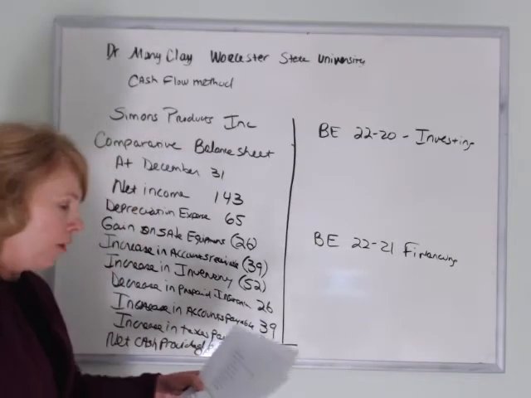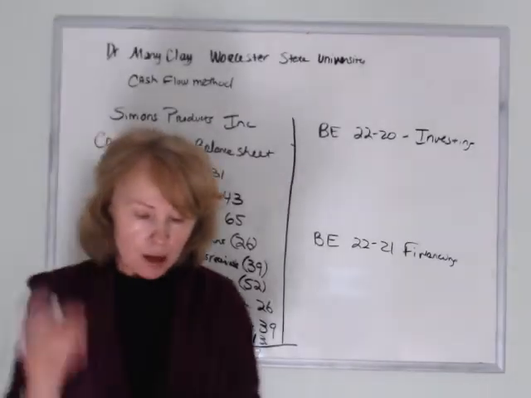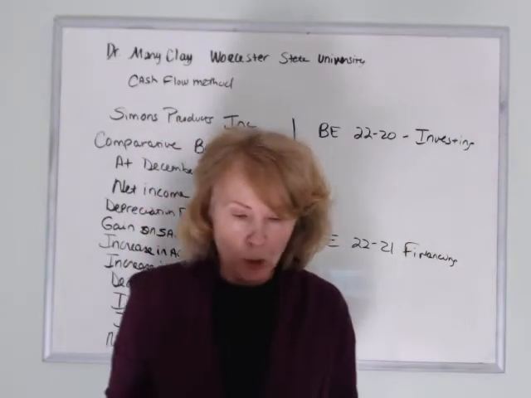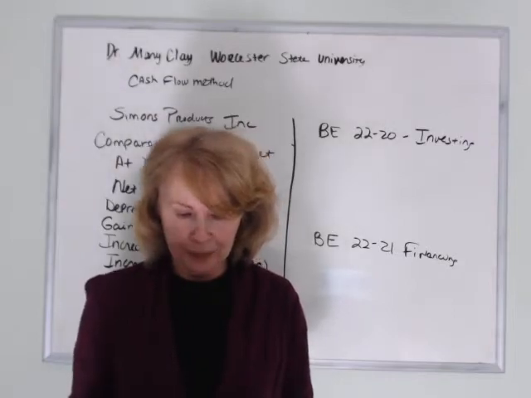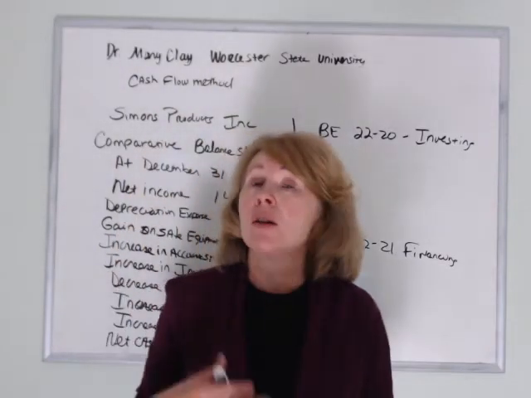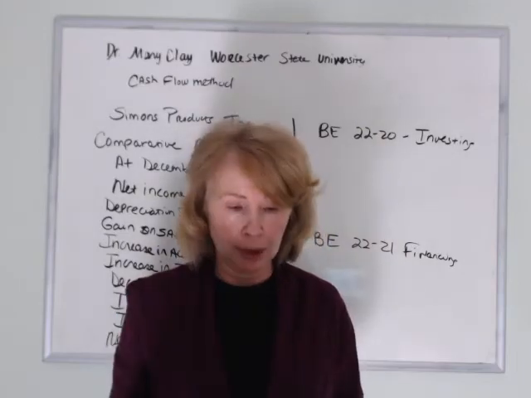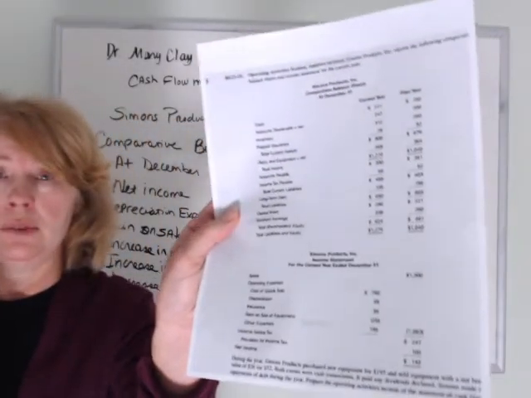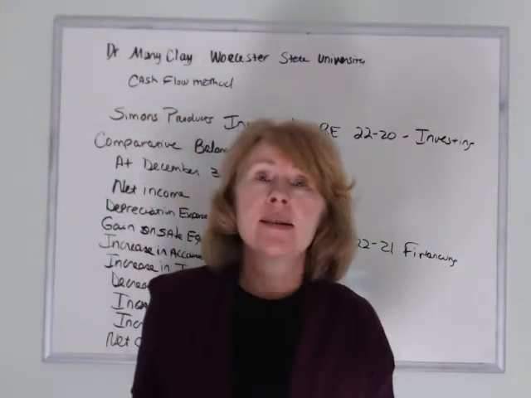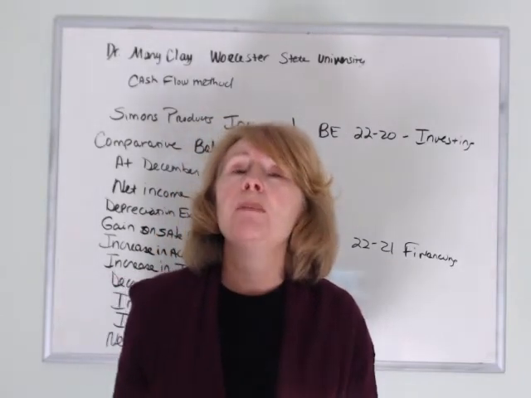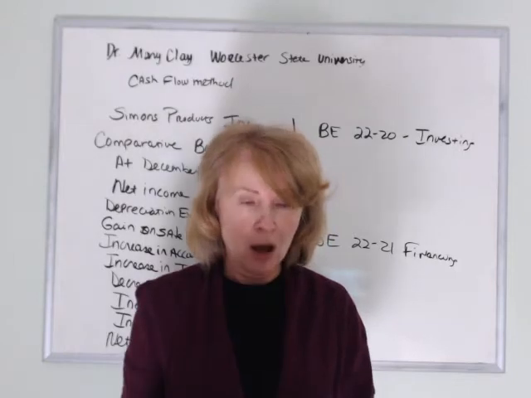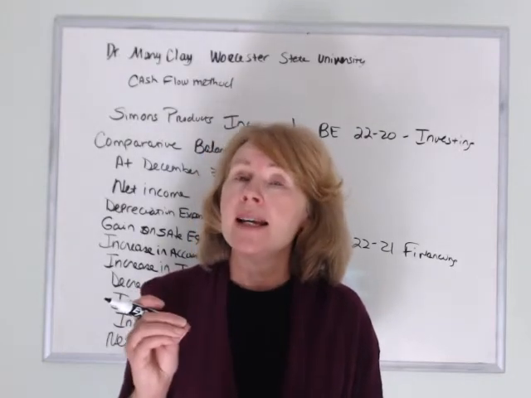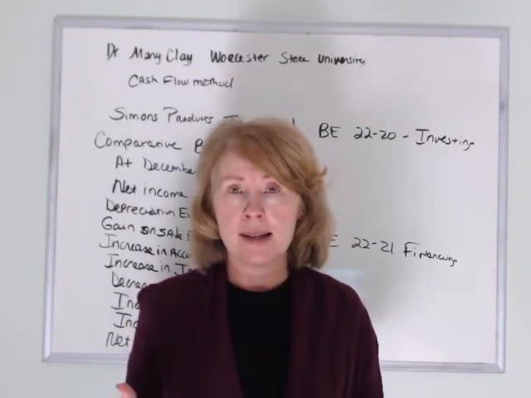Okay? All right. Now, the next one is going to be 22-20. It's going to have you look at the same problem that I pointed out, okay? And then it's going to ask what it would be for the investing activity section. All right, remember, investing is long-term assets.